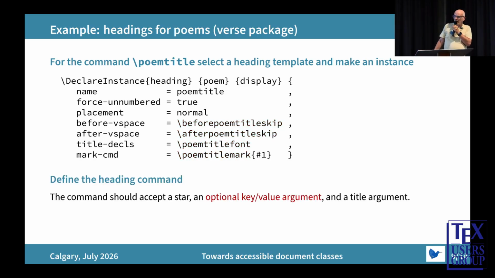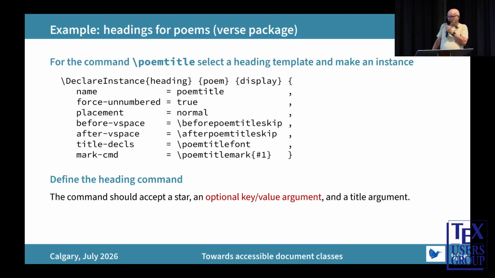Yeah, and the second part is, of course, you want to have a heading command, which is this poem title, and you want to have this heading command having arguments the way LaTeX users are used to it, which is, in terms of LaTeX headings, you should accept the star, you should accept an optional argument for the table of contents, and you should accept the main title, the title of the poem.